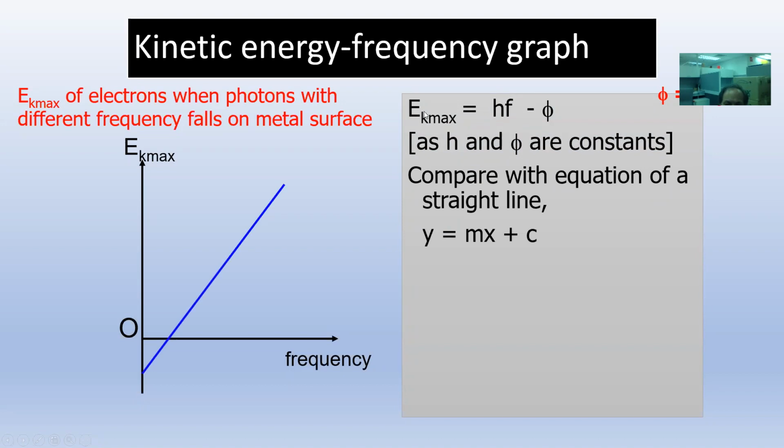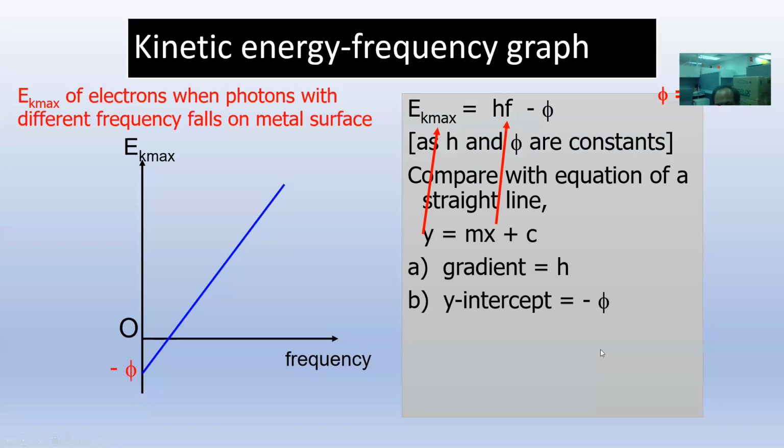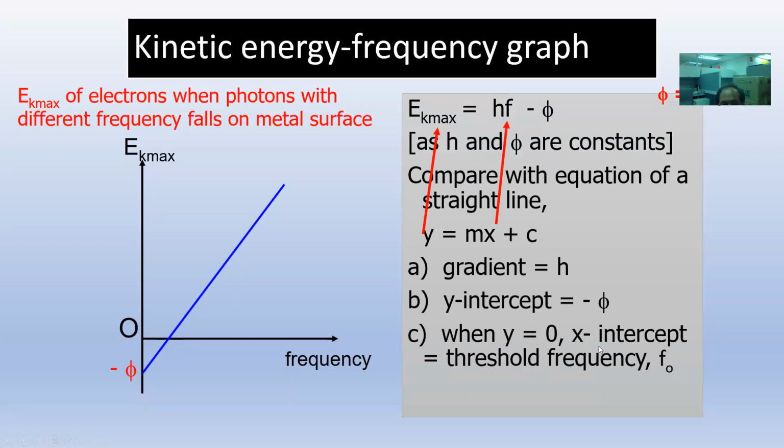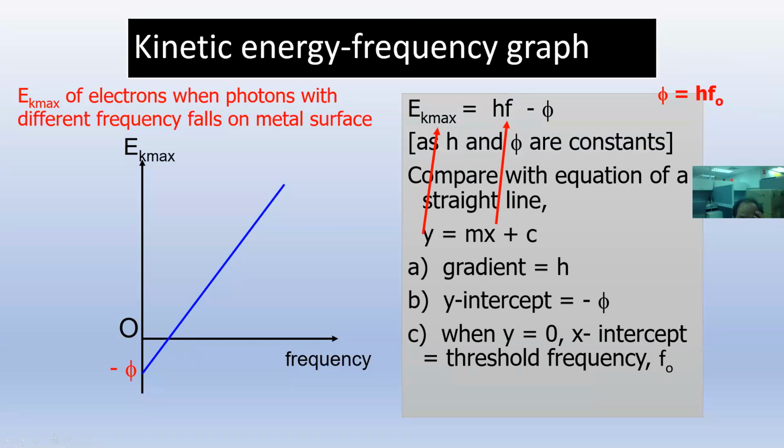So that's your y, x is your f, h is your gradient, and the work function is your c. And this part is where your y is 0. So if that is 0, then this is your h f naught, so this is your f naught.